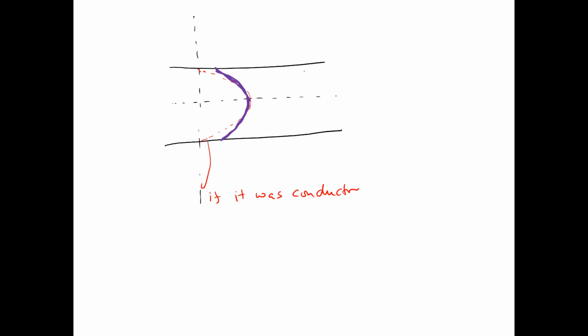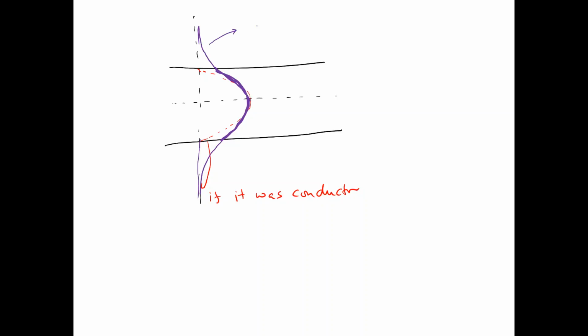I'm still looking for that guiding solution. But another solution which can be present for a Helmholtz wave equation is your exponentially decaying solution. Because I'm looking for the guided part, it has to decay exponentially on the outside.